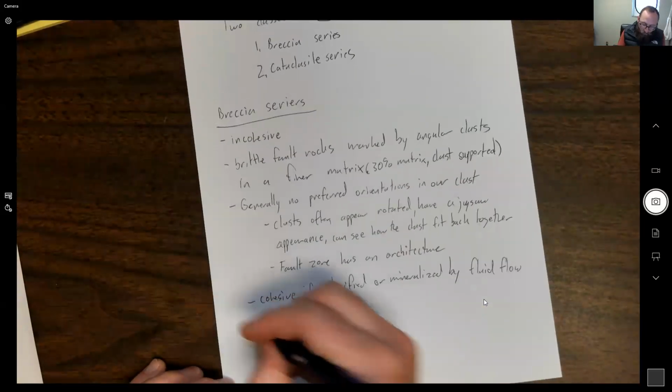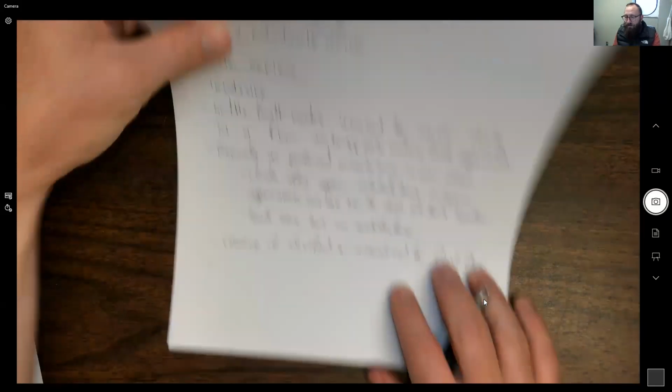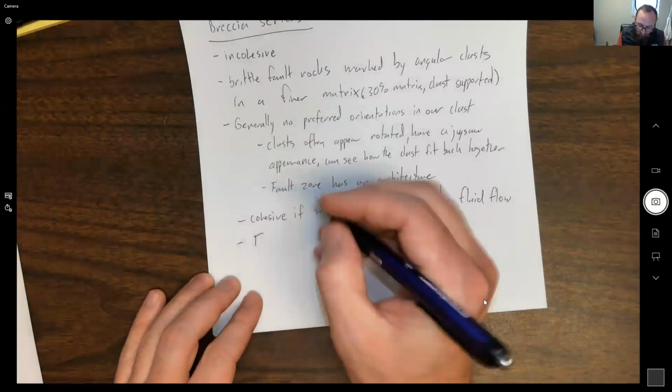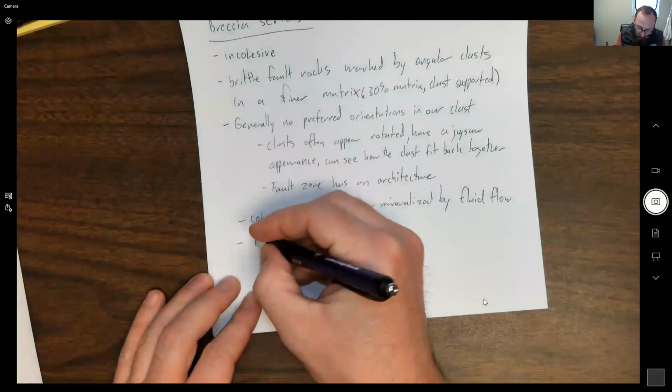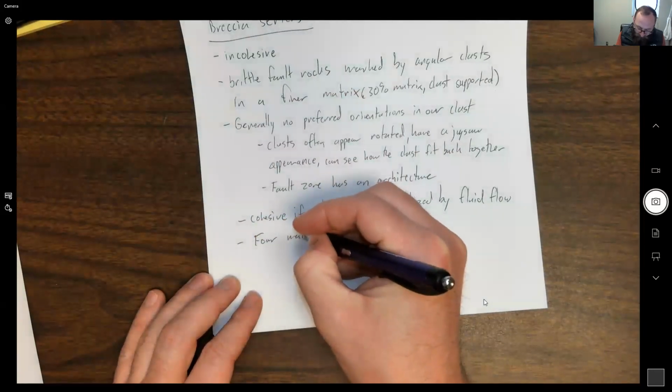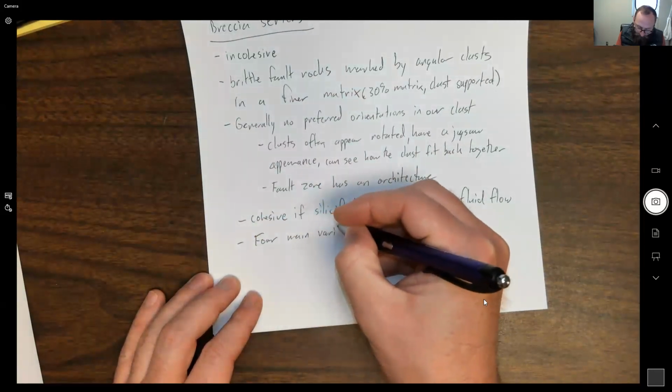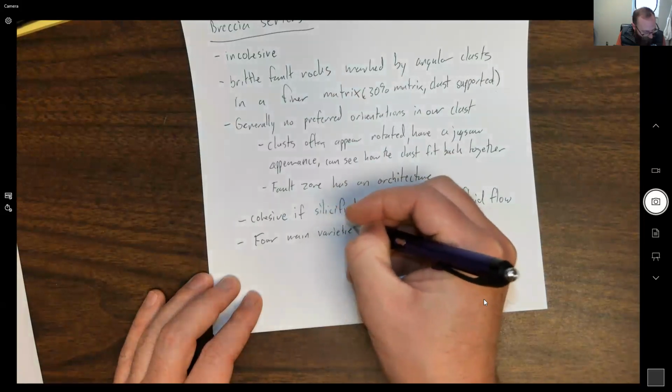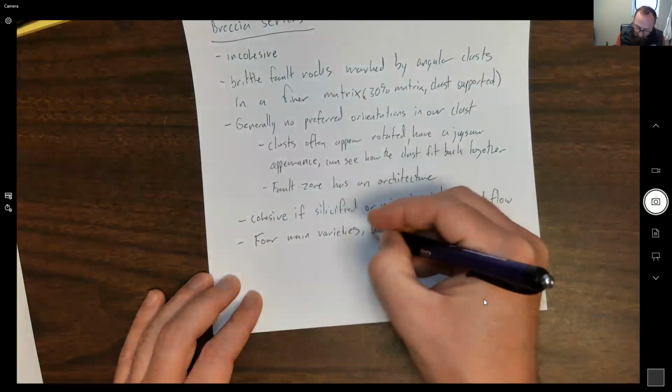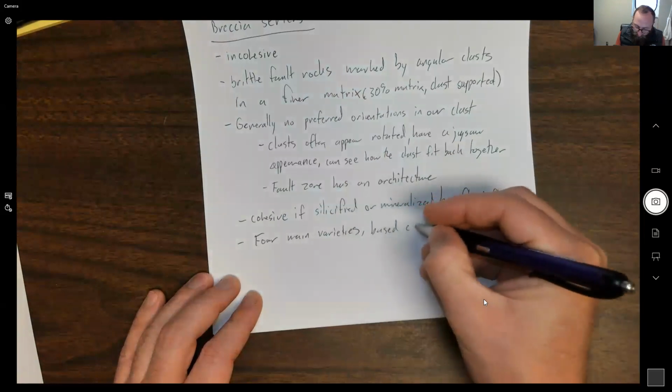Okay, so we're going to have four main varieties of our Breccia series rocks, and we're going to base it on clast size.